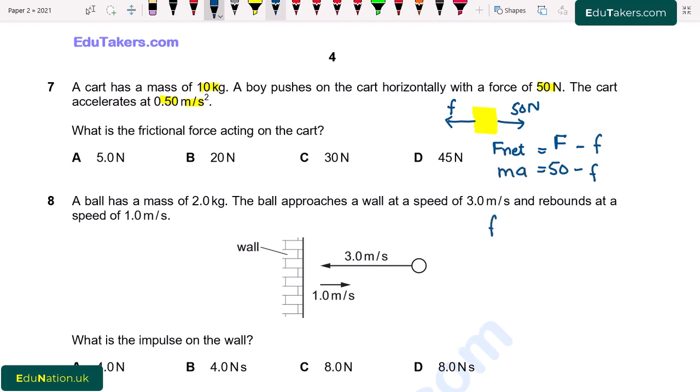So the frictional force will be equal to 50 minus ma. It will be 50 minus mass, which is given as 10, multiplied by acceleration, 0.50. So the value of frictional force comes to be 45 Newton. So here D option is correct.